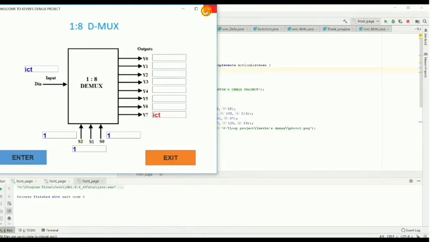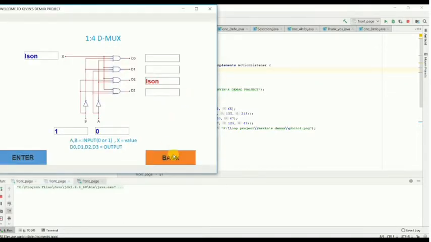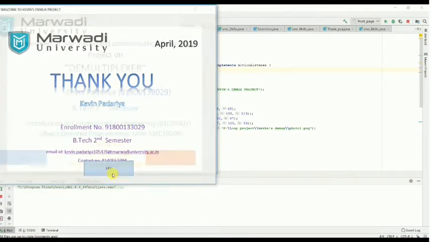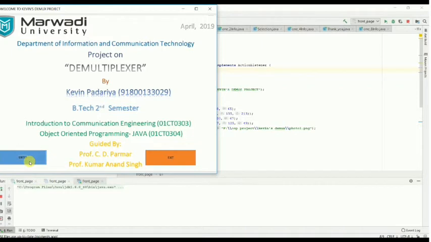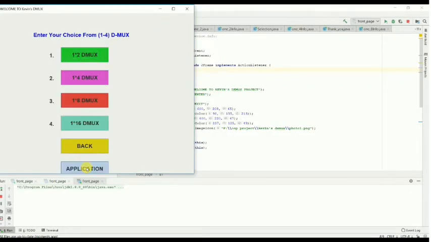Now I will show you one application of the demultiplexer. Demultiplexers are used in many types of CPU. For example, when you are using a computer, the computer is a signal source, and in the in-between process the demultiplexer plays a most wonderful role.